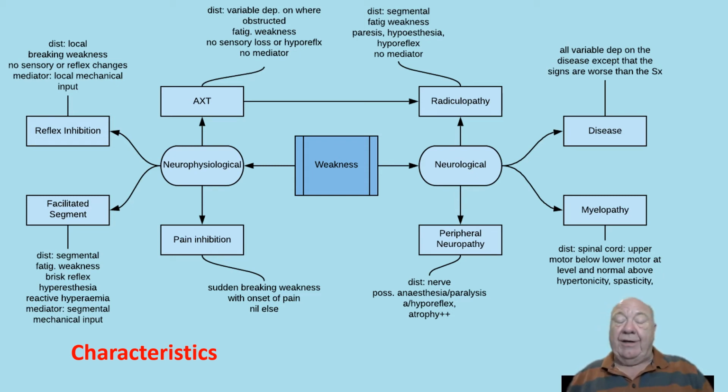Short term, going in there, wobbling the joint, contracting the muscle, it doesn't really matter what we do. It makes no difference to this weakness. So there is no moderator for this type of weakness. Disease conditions, neurological diseases, pretty much all have the same thing in common. The signs and symptoms by far outweigh the amount of pain that's being generated.